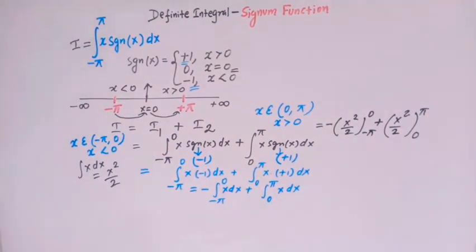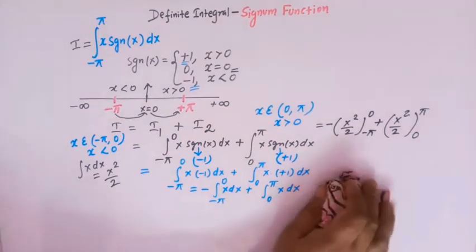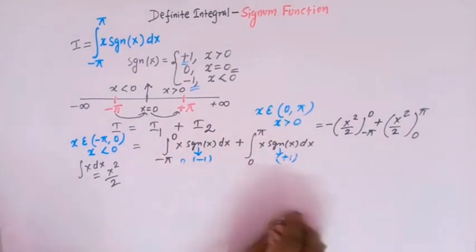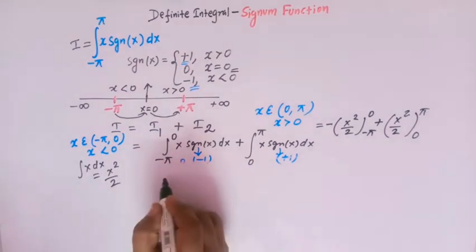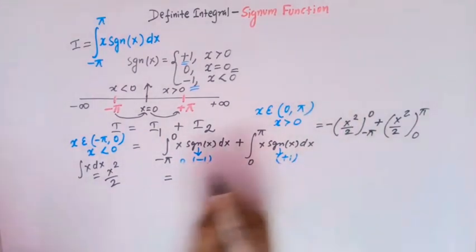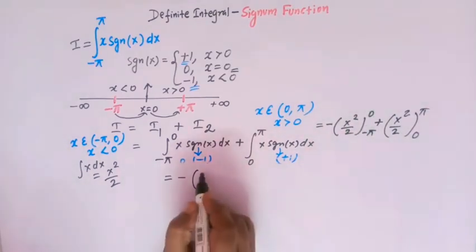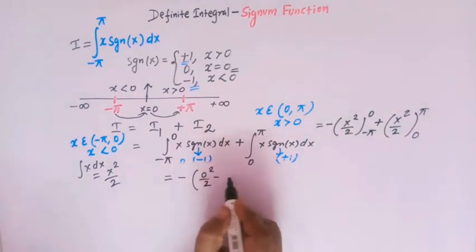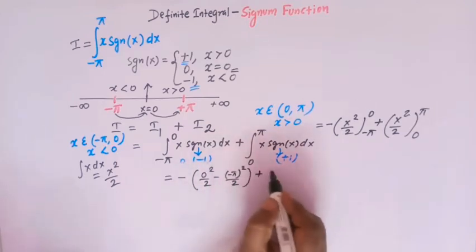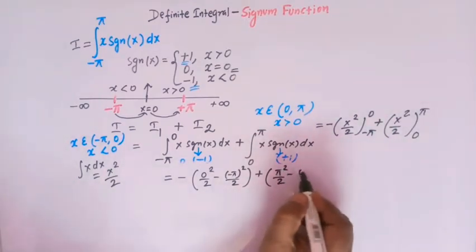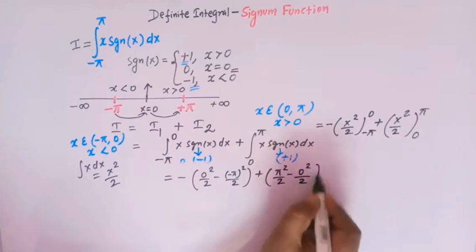Now we can substitute the limits and take the difference. So we have 0 square over 2 minus pi square over 2, and here we have pi square over 2 minus 0 square over 2.